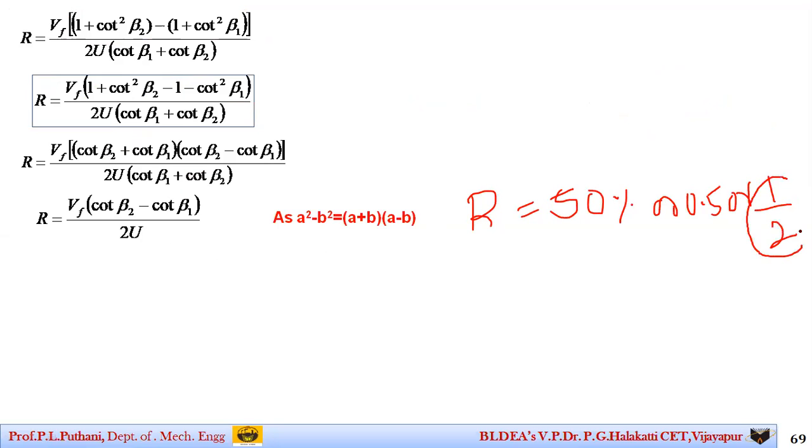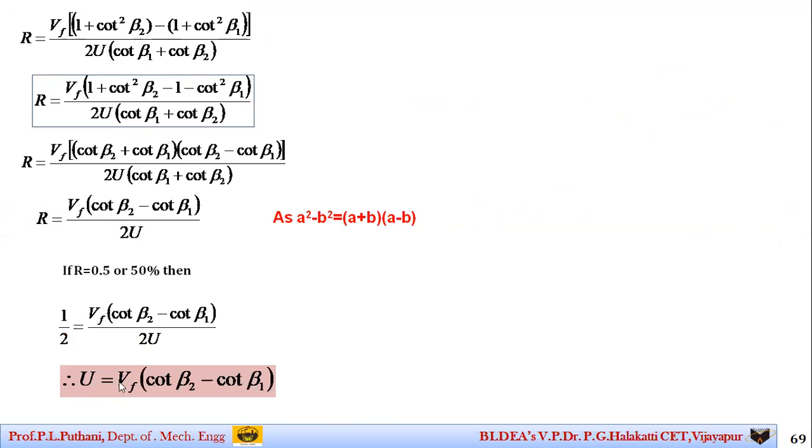So I'll substitute the value of 1 by 2 in the LHS of this particular equation, and I get this form. You can see this 2 gets cancelled, and on simplification I get u is equal to Vf times cot beta 2 minus cot beta 1. This is the analysis for the particular reaction turbine.